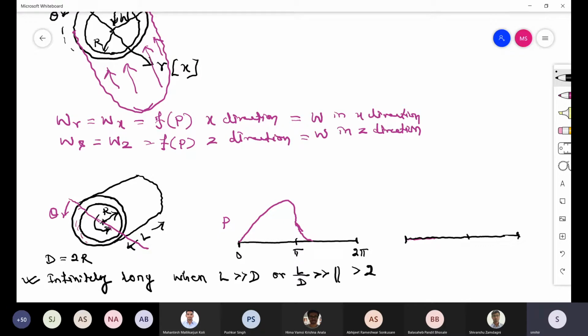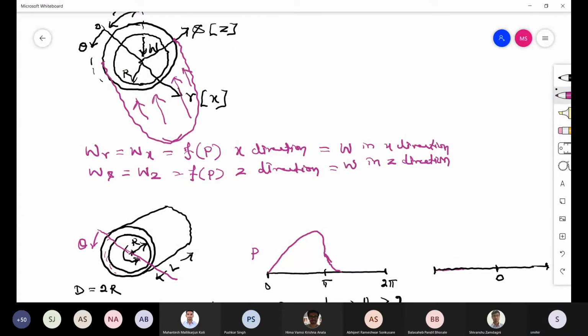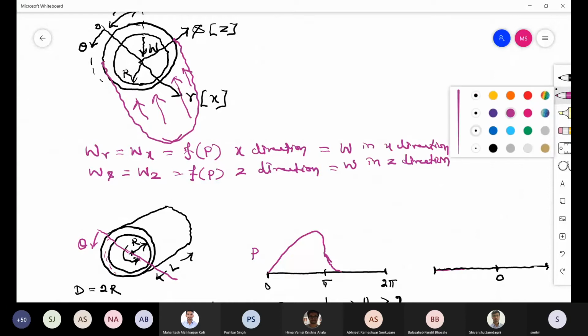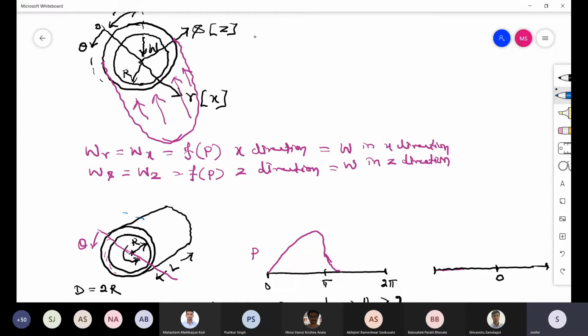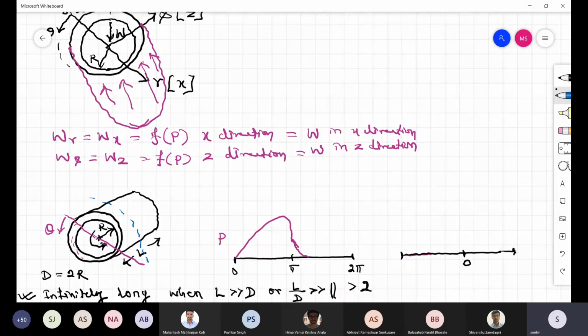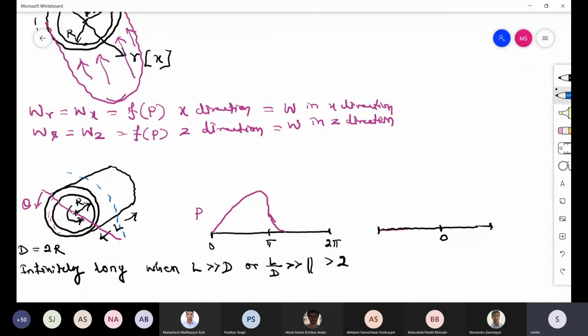Let me take 0 someplace here, this is the middle of the bearing. Okay, total length of the bearing is L. So I can take very well, this is minus L by 2. This is plus L by 2.